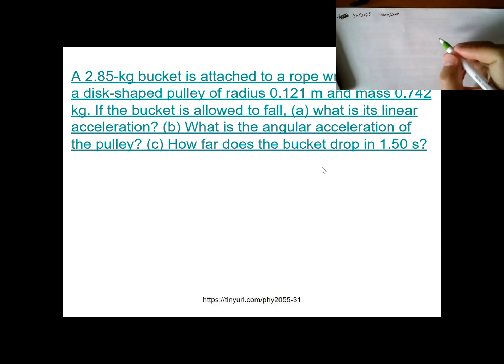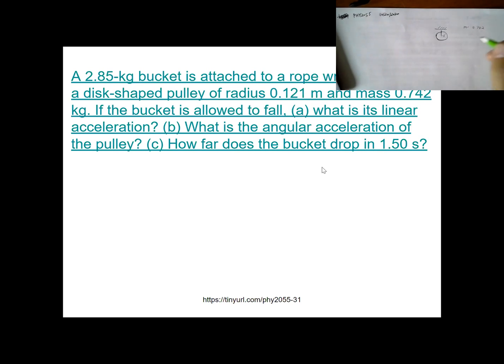All right, so this is all we have. There's a pulley, a non-ideal pulley, probably something like this. It gives us the radius. It's not a perfect circle, but it gives you an idea. So the radius, and then the mass is 0.742.